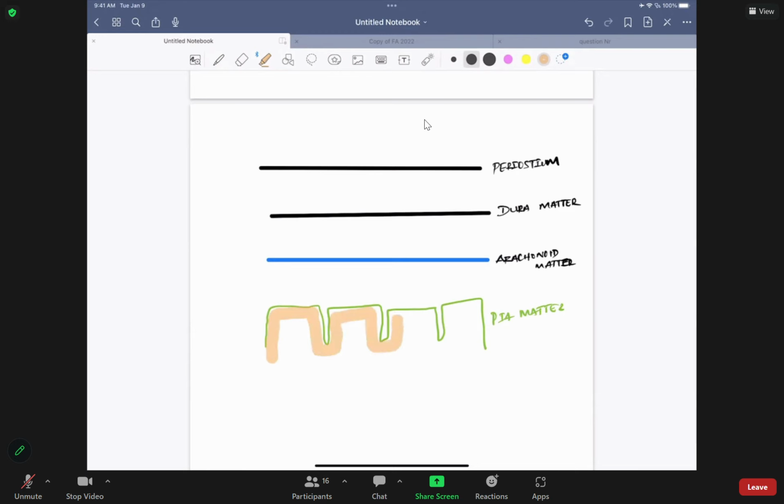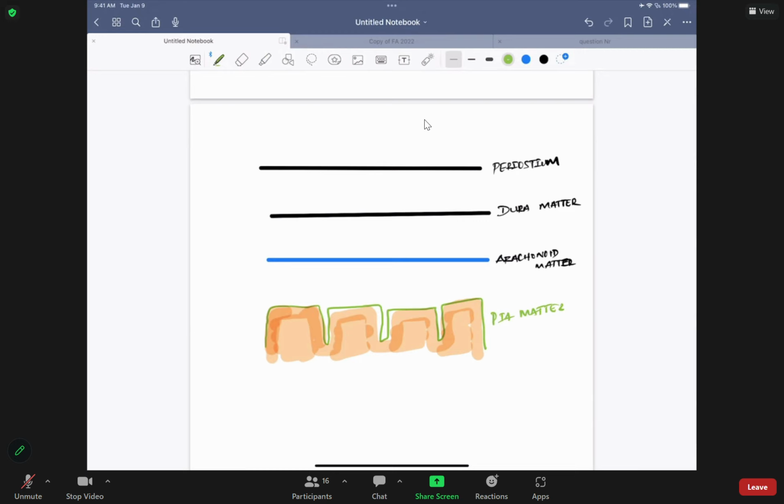Okay, that's your brain tissue, folks. Those are brain tissue, your brain parenchyma. So the pia mater is literally attached to your brain. It's impossible to separate even during autopsies or dissection, folks.